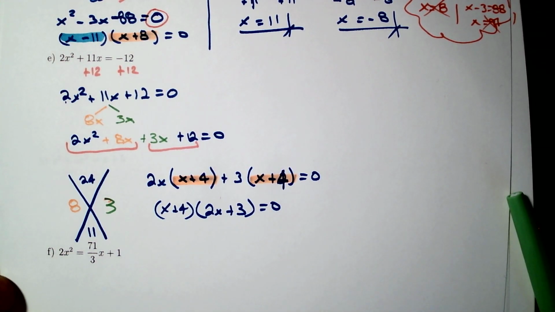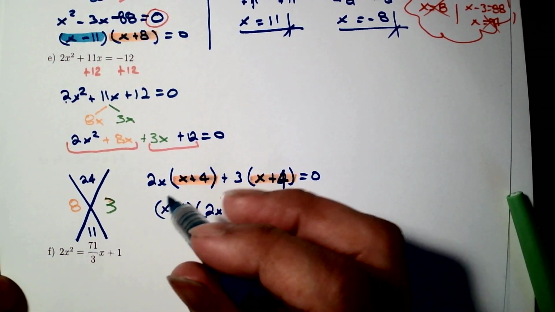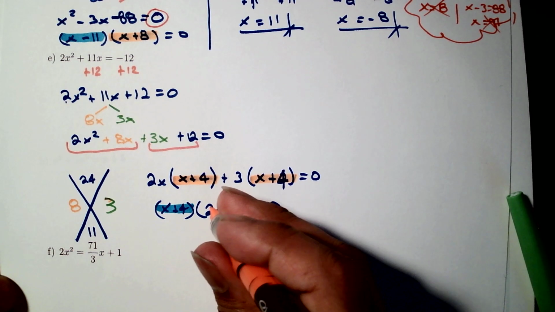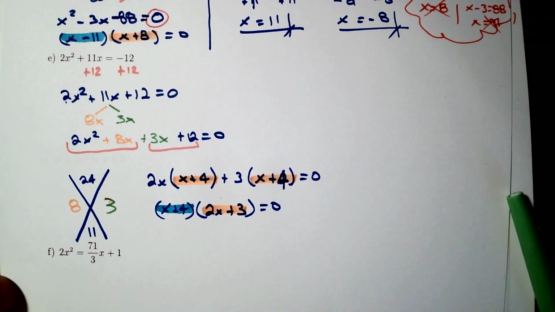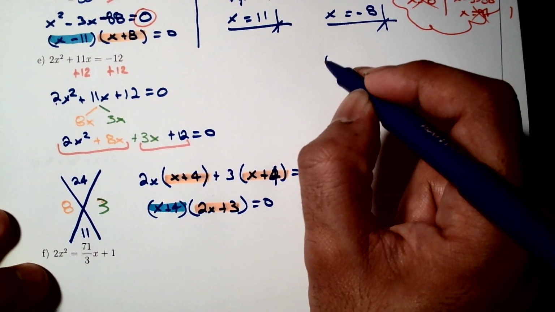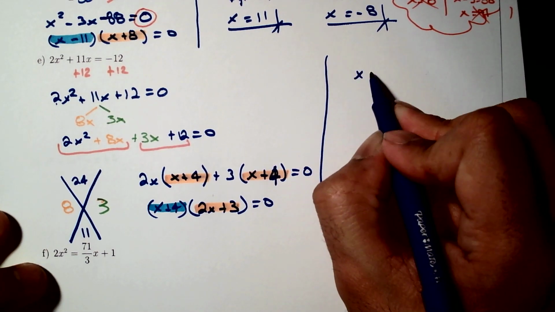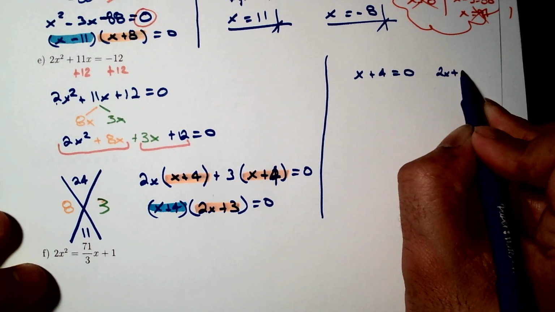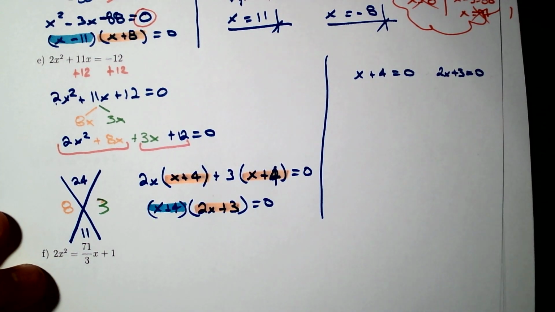All right. So let's highlight the blue one and the orange one. In this case, I'm going to use this color coding for the zero product property. I'm going to set x plus 4 equals 0 and 2x plus 3 equals 0.